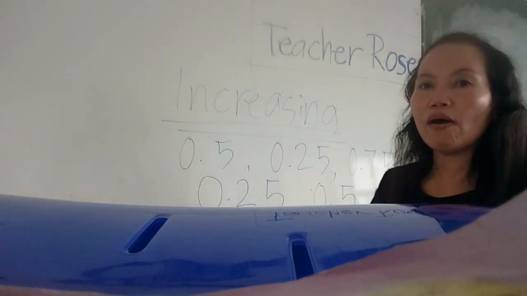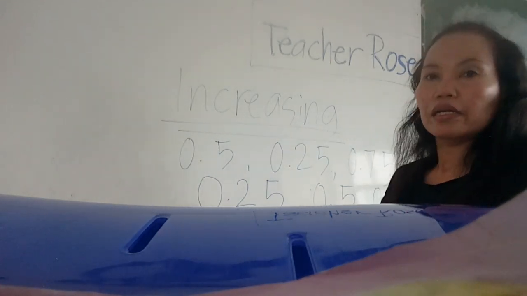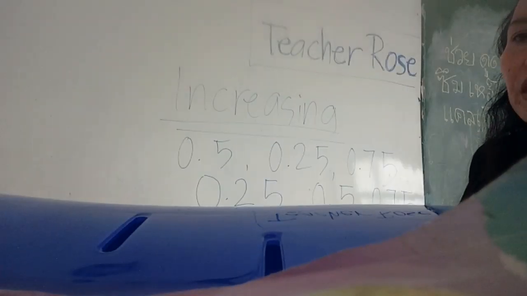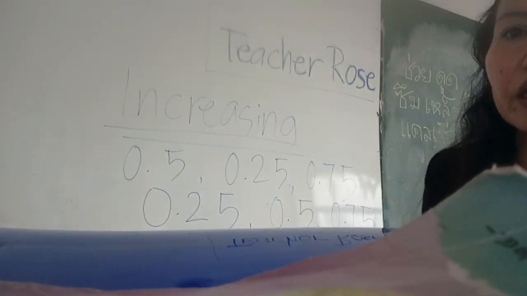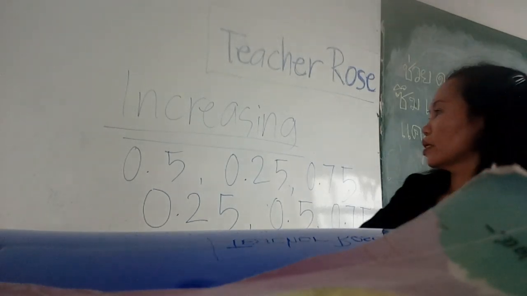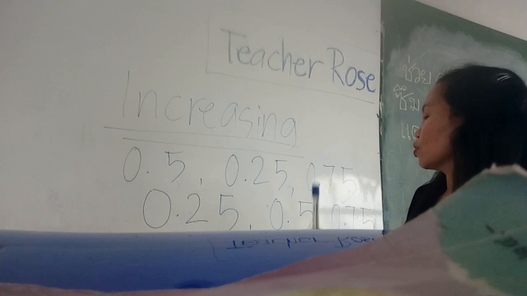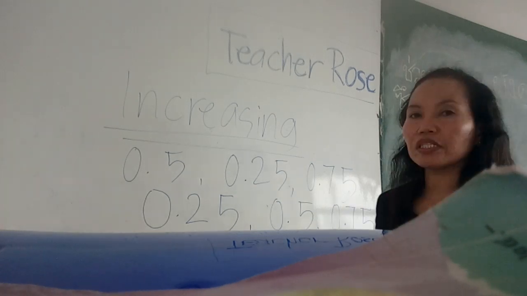Okay, this is how we are going to arrange the decimal numbers from smallest to biggest, or in increasing order. So, for example, 0.5, 0.25 and 0.75.